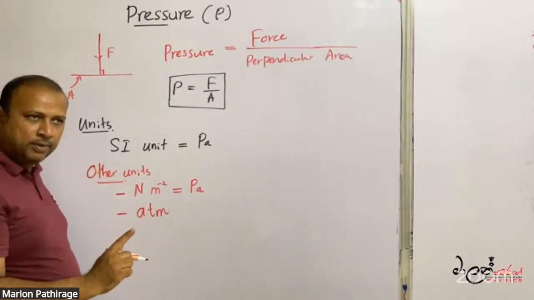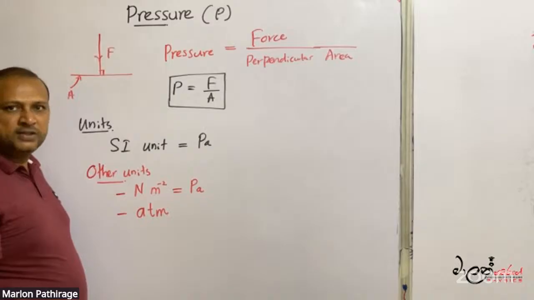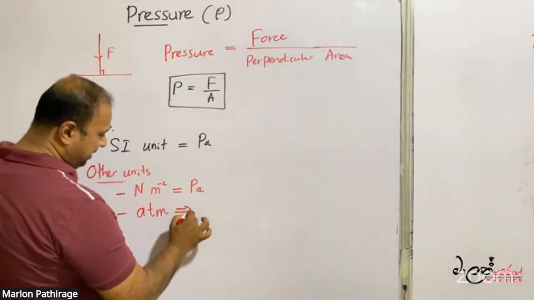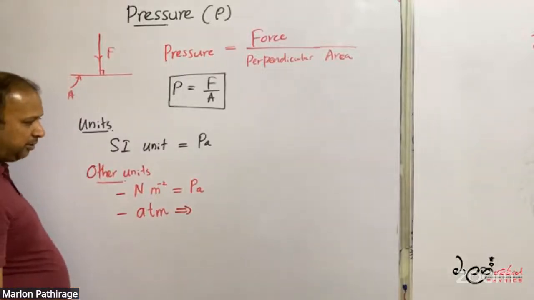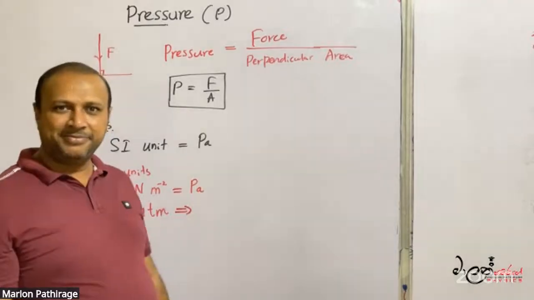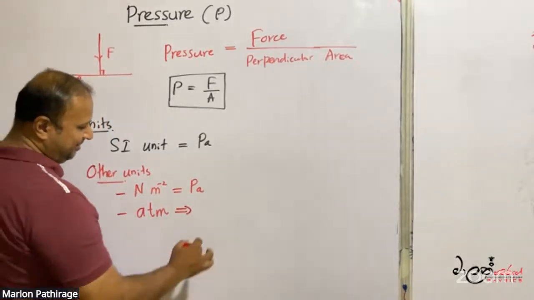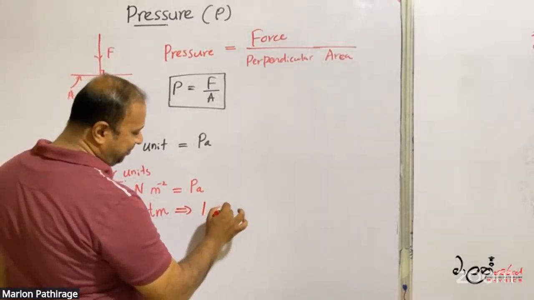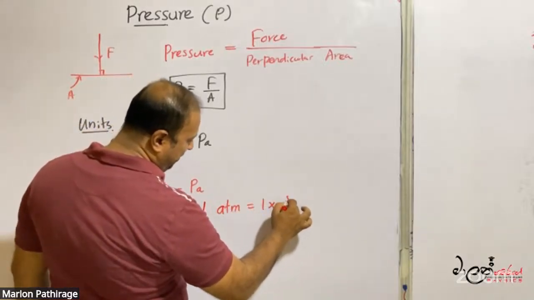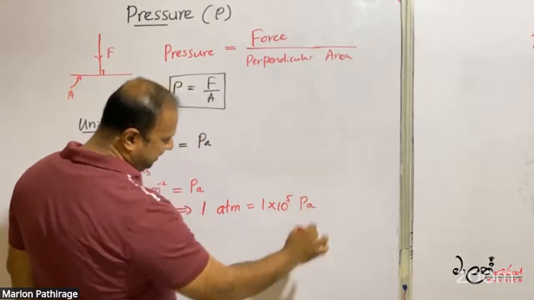Then what should be the pressure somewhere else? What is the relationship between atmospheric pressure and Pascal? 1 atmospheric pressure is equal to 1 times 10 to the power 5 Pascal.